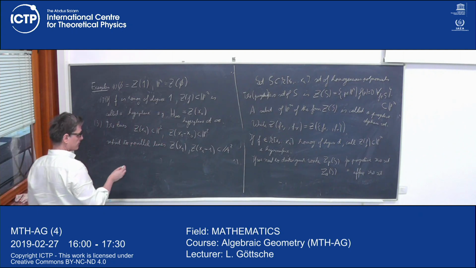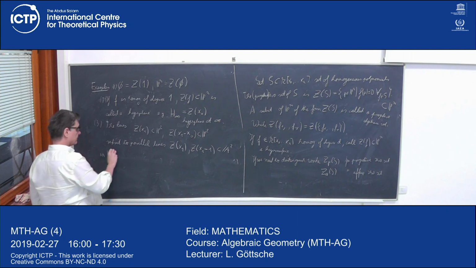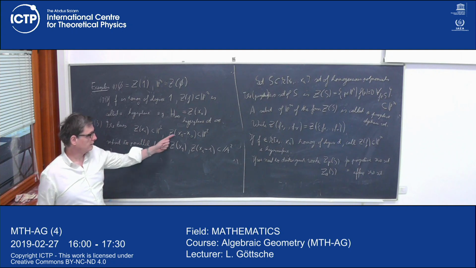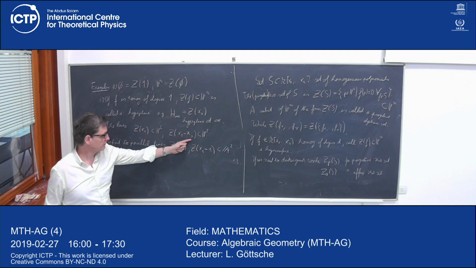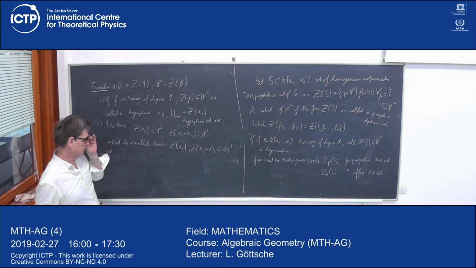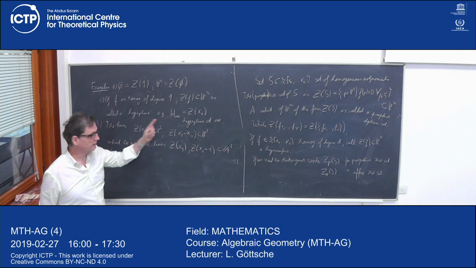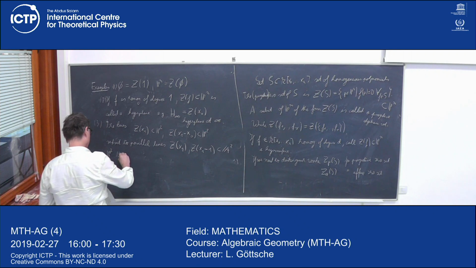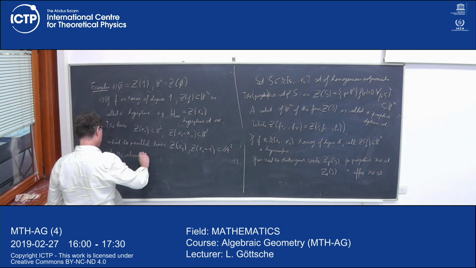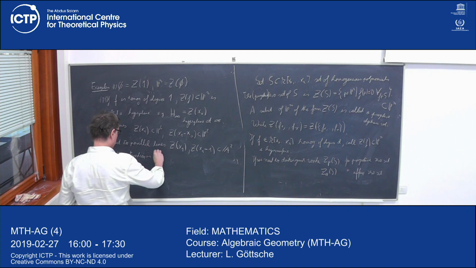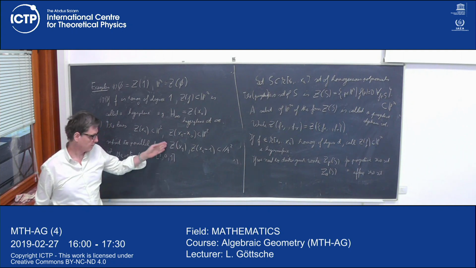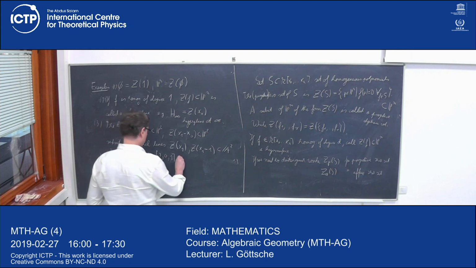But in P2 they do intersect. Namely, you can see the condition is that the first coordinate is 0 and the difference of the first and the zeroth coordinate is 0. So that will be true if both the first and the zeroth coordinate are 0. So in P2 the intersection is the point (0,0,1). So the first and the zeroth coordinate are 0, and then we can normalize this to be 1, which lies on the hyperplane at infinity.